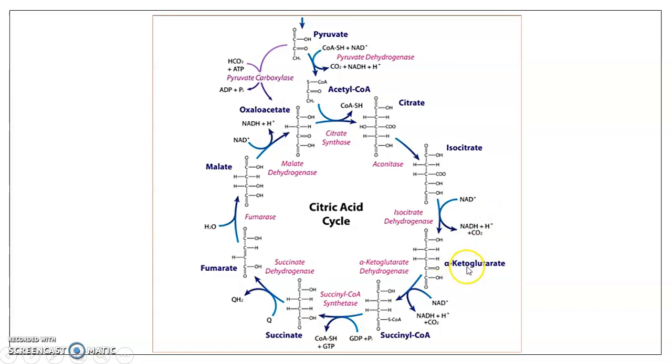And the alpha-ketoglutarate undergoes another oxidative decarboxylation to produce succinic acid over here. These two steps, isocitric acid to alpha-ketoglutarate and alpha-ketoglutarate to succinic acid, do have a transient intermediate.